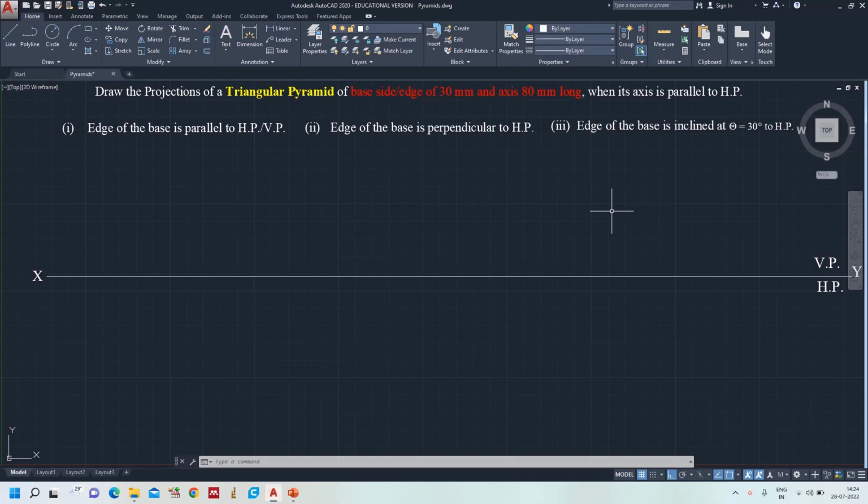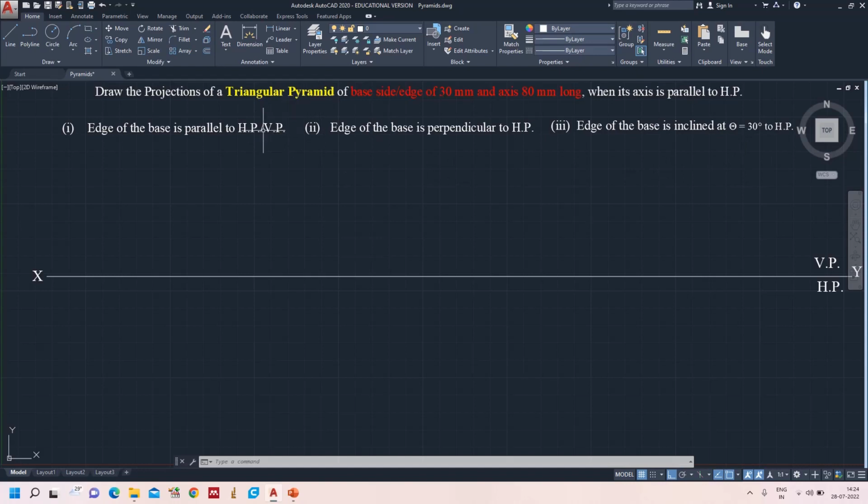So now in this video I am discussing the pyramid when its axis is parallel to HP. So you can relate both and then you can see. Now what is a triangular pyramid and what about the axis parallel to HP, how does it look? There are three certain conditions.